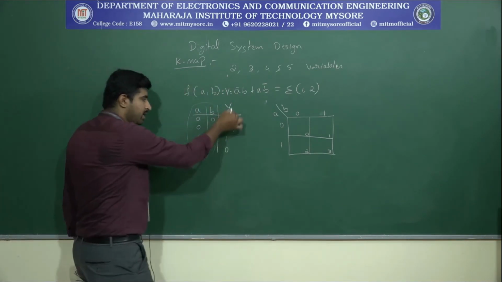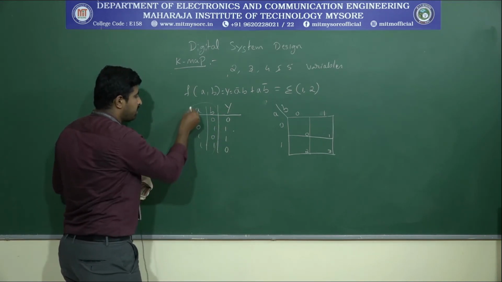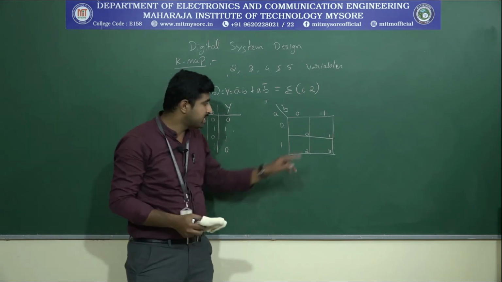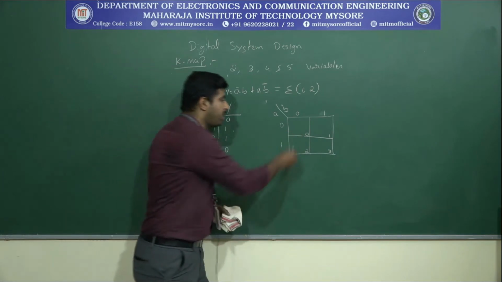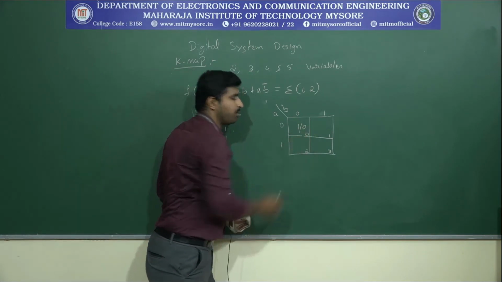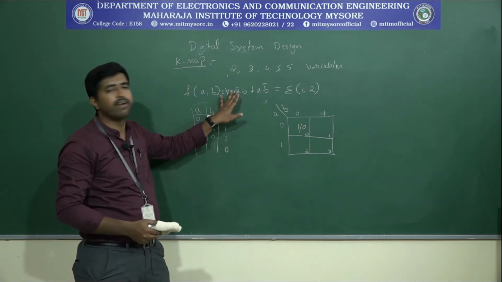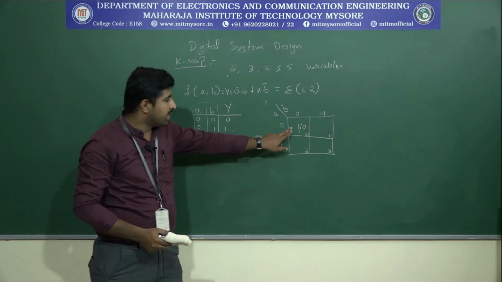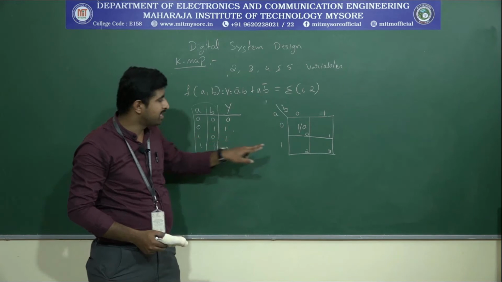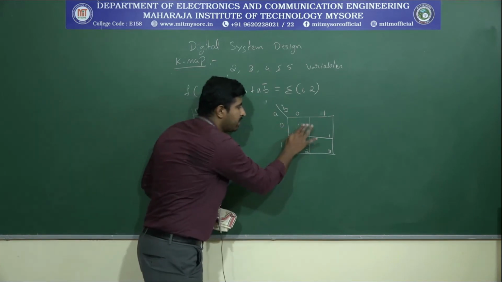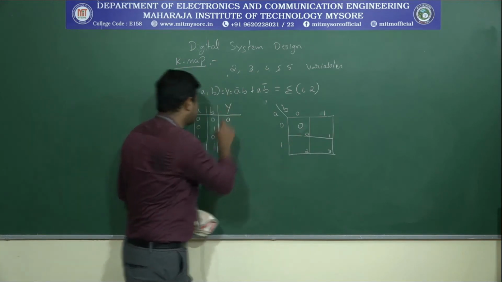According to the output or truth table, we are going to write the cell values. So this is the cell number and we are going to write the cell value. The cell value can be a 1 or a 0 according to the truth table, according to the function we have. That means here for a bar b bar, the function output will generate 0, that means the cell value will be 0.